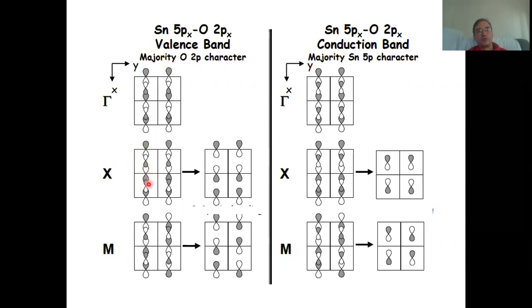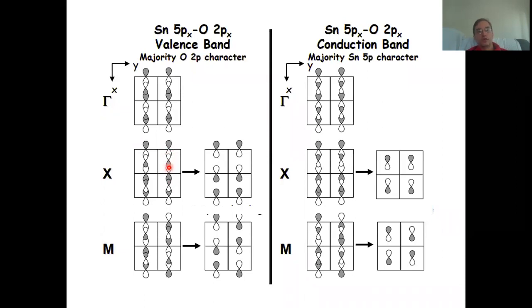So this means that this one here is flipped relative to this one. This one here is flipped relative to that one for the 2px of O. And well, this one here, the 5px, is flipped relative to this one. And this one here is flipped relative to that one.